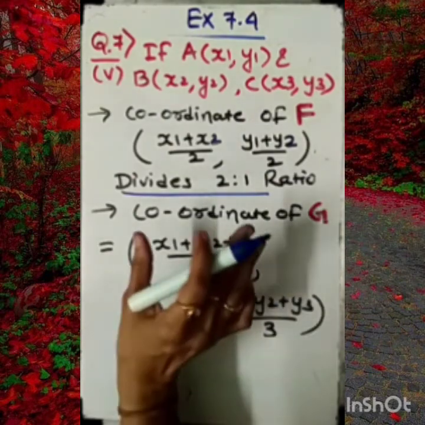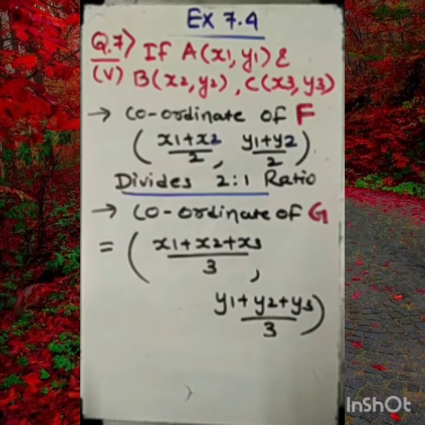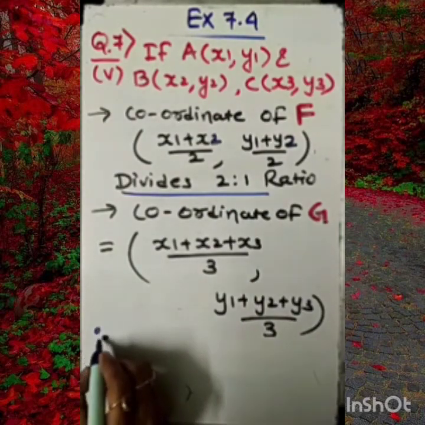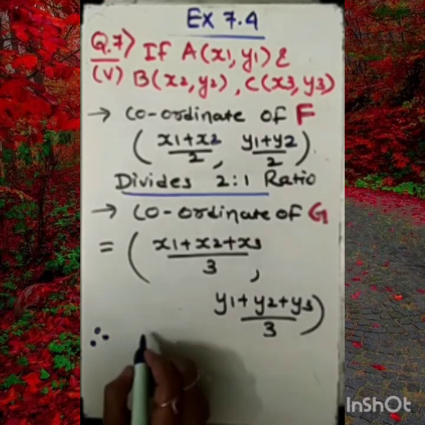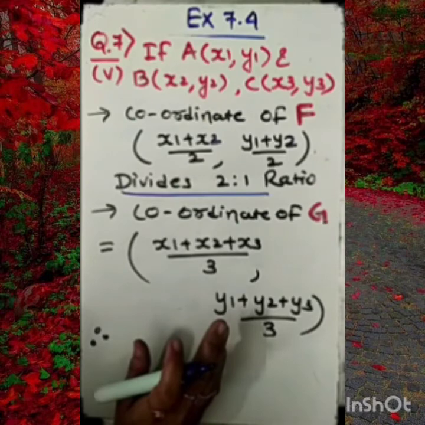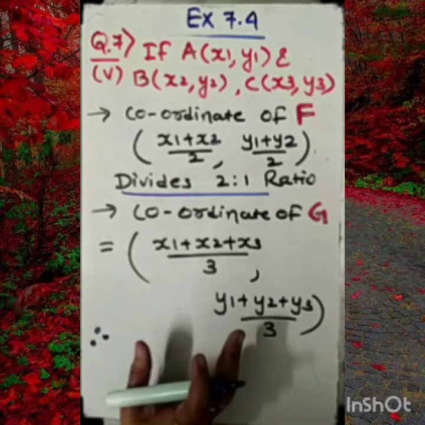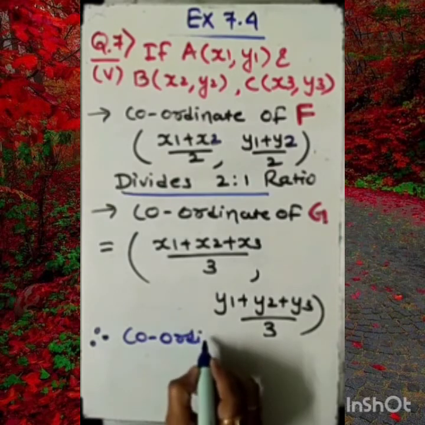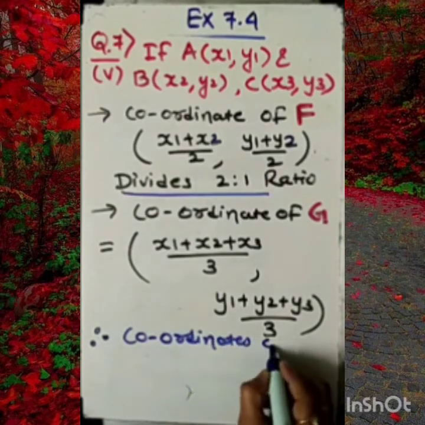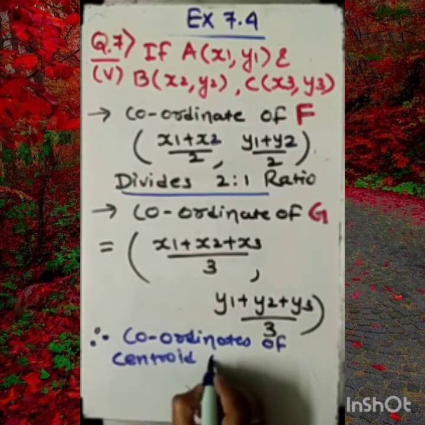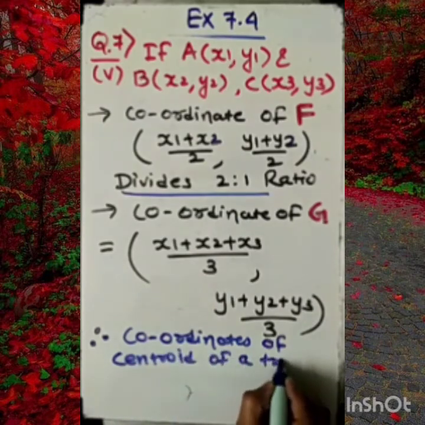Similar to E. So, the final answer we need to write here. Therefore, in the question we are asked to find the coordinates of the centroid. So we need to write here the coordinates of the centroid of a triangle.